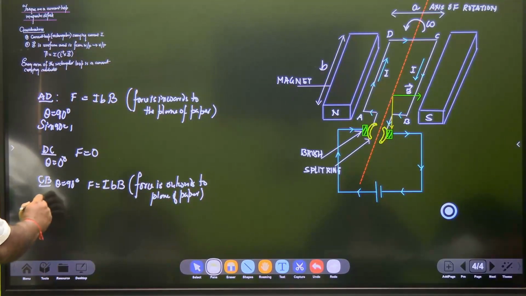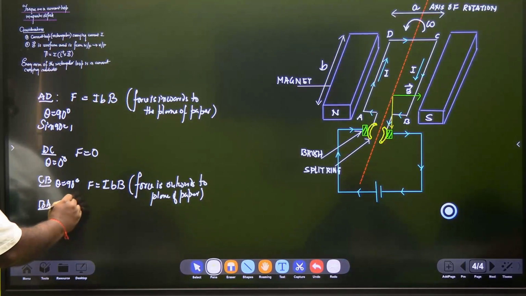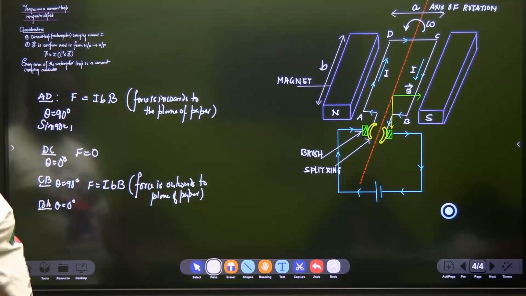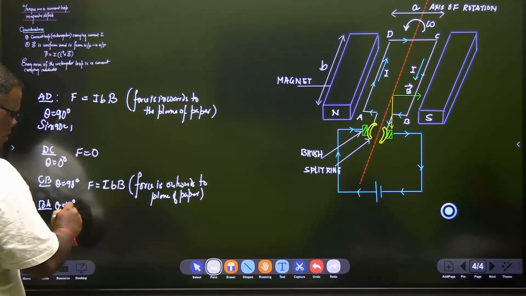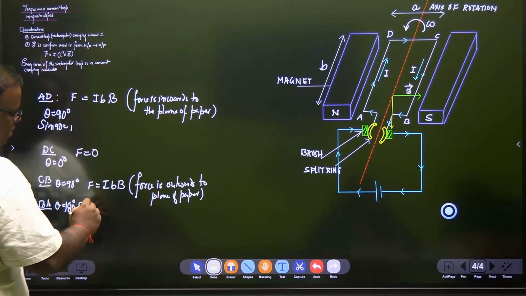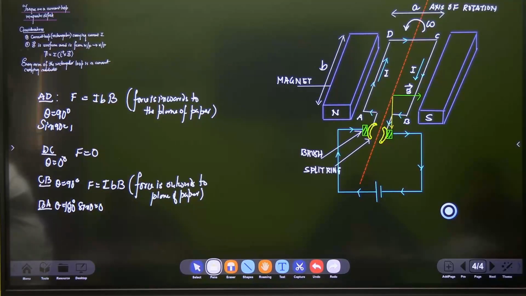Tick. And then I have finally what, beta? BA. At BA, my theta is again 0 degrees. Not exactly 0, but it is 180 degrees. And so sine theta will become again 0. Therefore, there are only two components which are actually experiencing force.